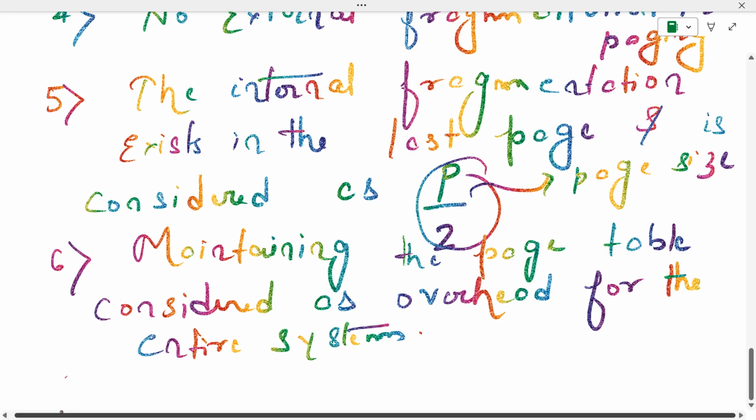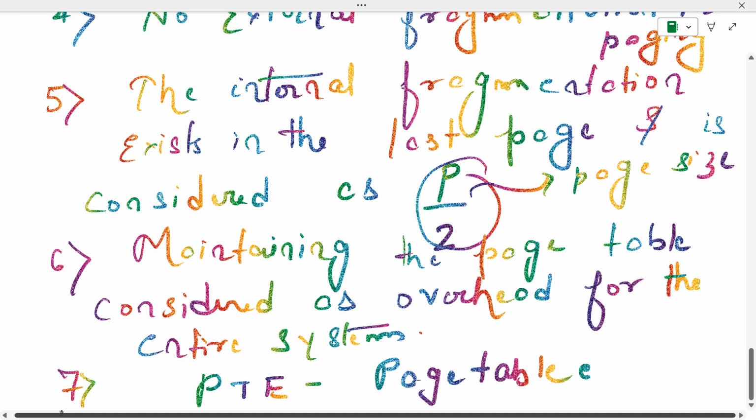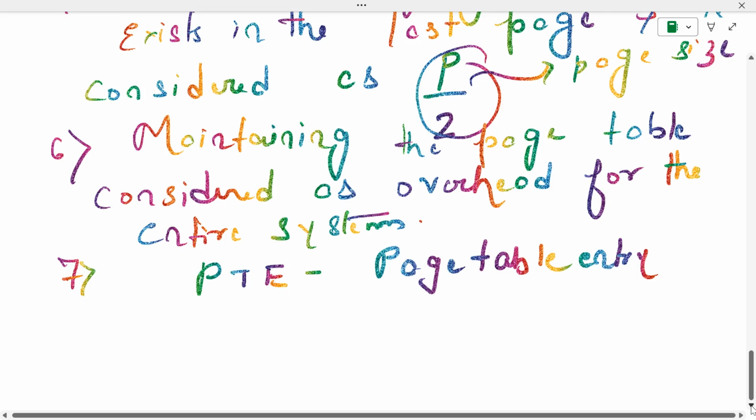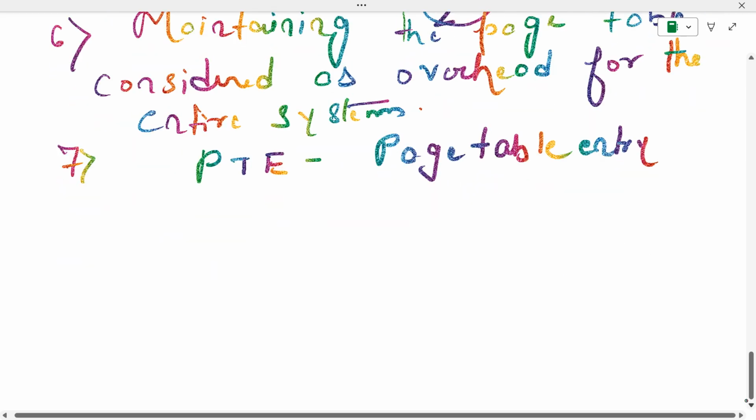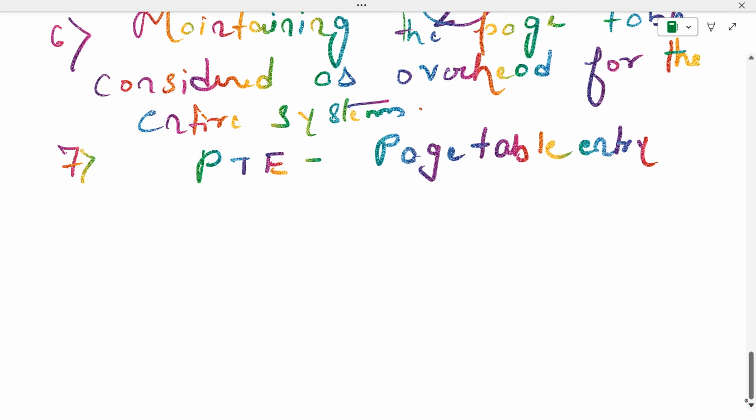And the seventh point is related to the PTE, the page table entry. What does the PTE constitute? The page table entry will definitely constitute the frame number.